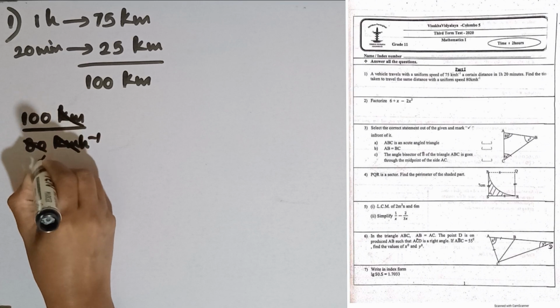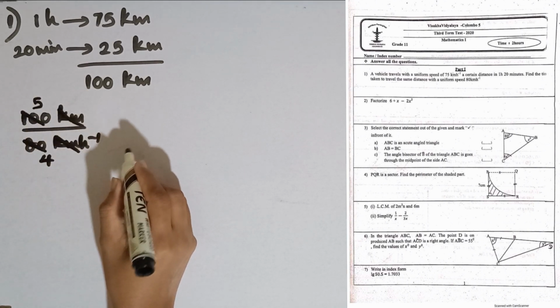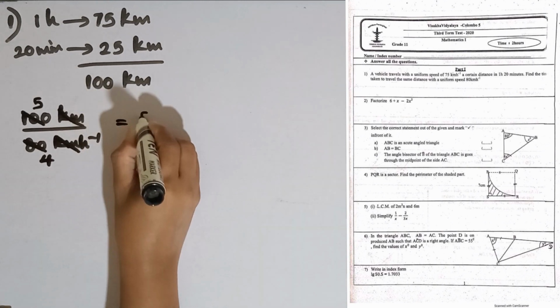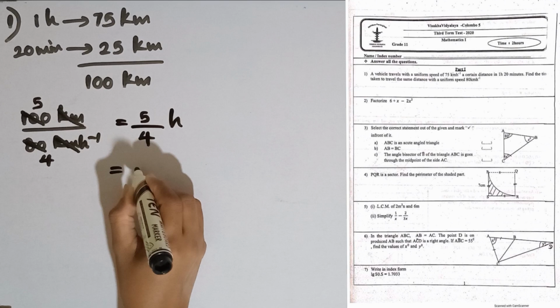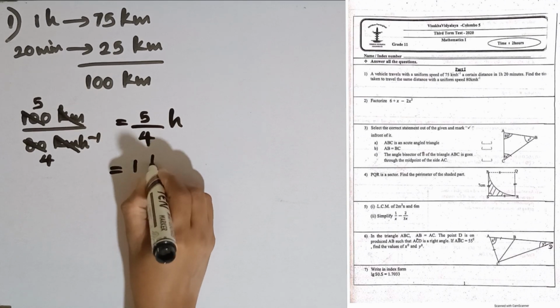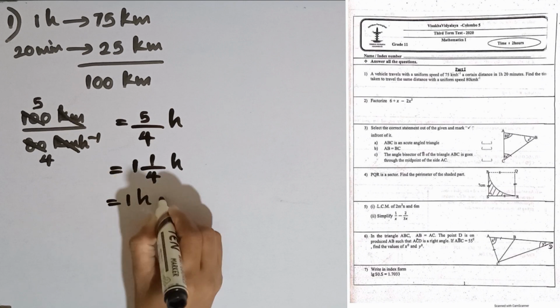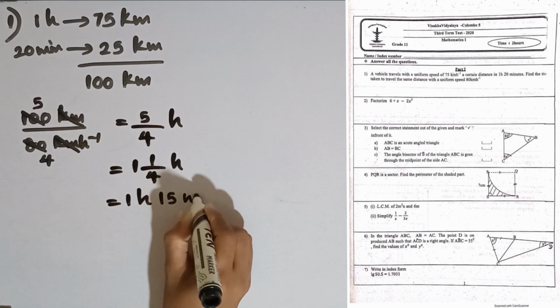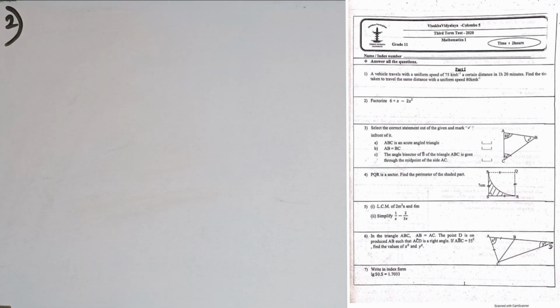Then 20 times 5 over 20 times 4, that is 5 over 4 hours, equal to 1 and 1 over 4 hours. Then 1 hour 15 minutes. That is the answer.